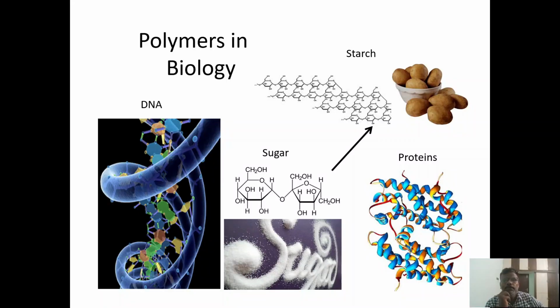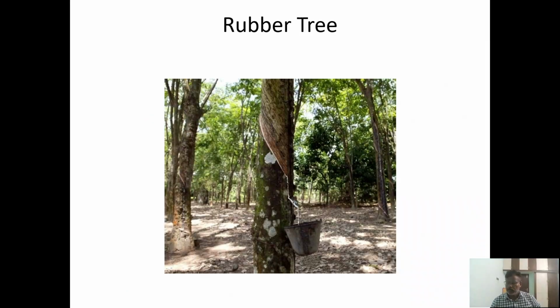So there are some polymers that are present in biology: DNA, deoxyribonucleic acid, and RNA, ribonucleic acid, and starch, sugar, proteins, and many more. Natural rubber is nothing but polyisoprene, which we get from the rubber tree.